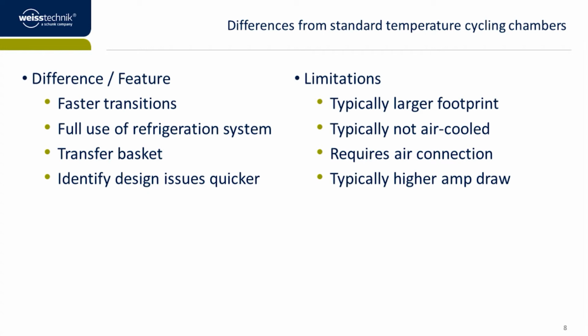So all the refrigeration or heating is devoted to transitioning the basket and your product as fast as possible. So that's how we're able to do that. The limitation on that is we need 2 zones, and especially with horizontal, it typically has a larger footprint compared to just a standard temperature cycling chamber. So something to consider.